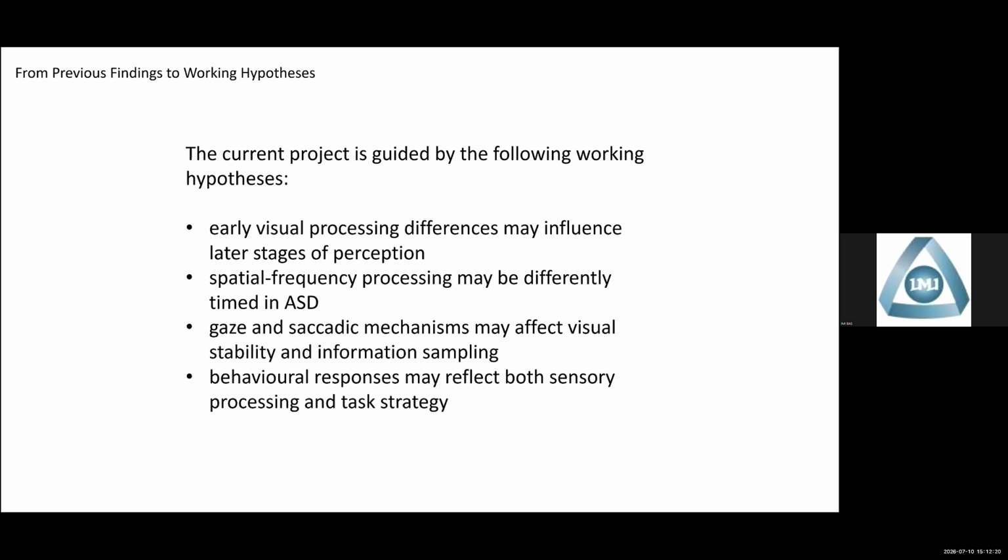In fact, we think that early, I mean before the primary visual cortex, in the magnocellular and parvocellular visual pathways from the retina to the cortex, there is some imbalance, something different with the timing of spatial frequency information processing, which will lead to this preferential focusing for people with ASD on details, not because they've got very high visual acuity.